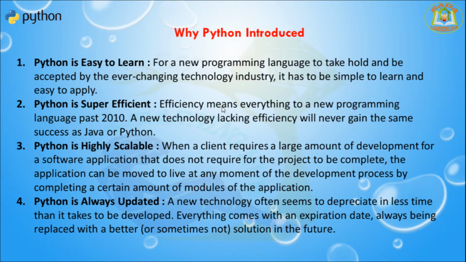If our application is modular, it's very easy to work with. The next point is Python is always updated. Why? Because a new technology often seems to be deprecated in less time than it takes to develop. Everything comes with an expiration date, always being replaced with better solutions in the future.